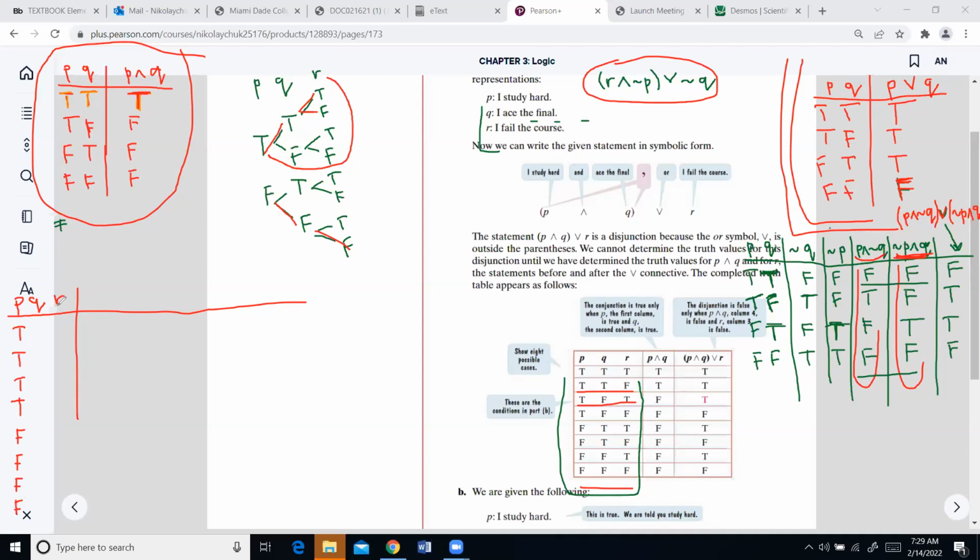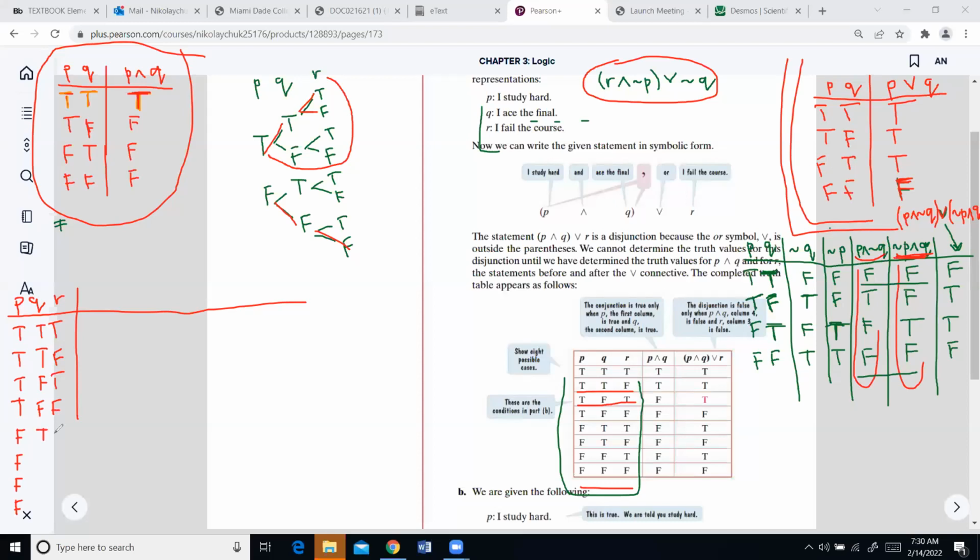And now I just copy TT, TF, FT, and FF. So that's my case with T being in the first place.